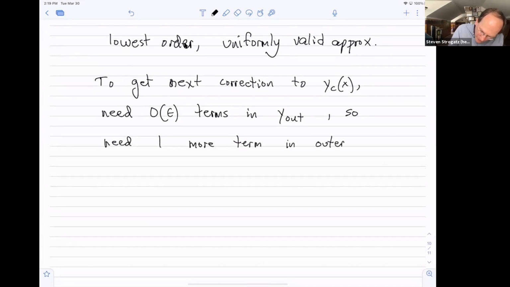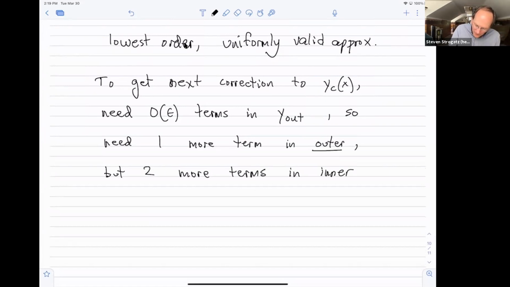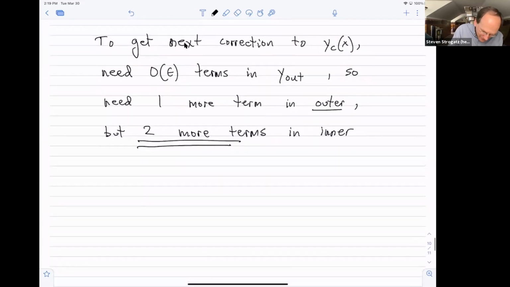But the interesting and maybe a little surprising thing is that you're going to need two more terms in the inner in order to have any hope of doing matching. Because you're going to need to get the order square root of epsilon and the order epsilon in order to have a match.